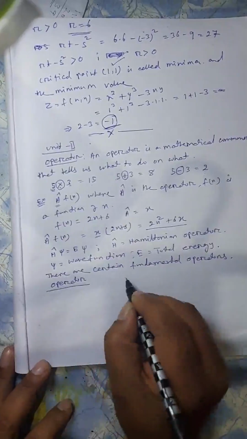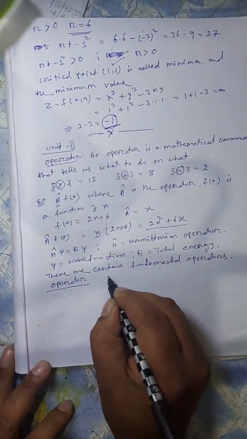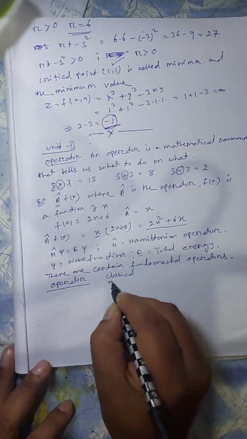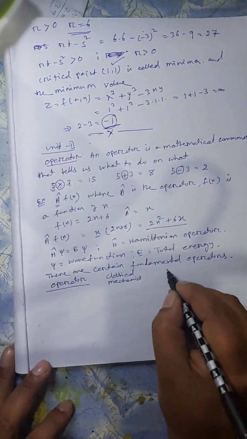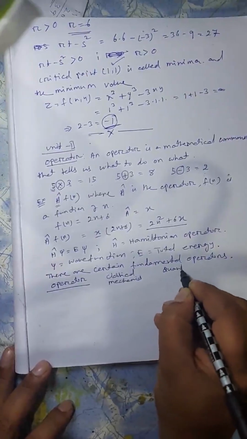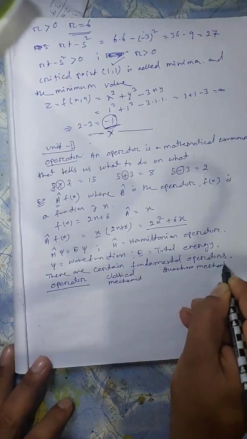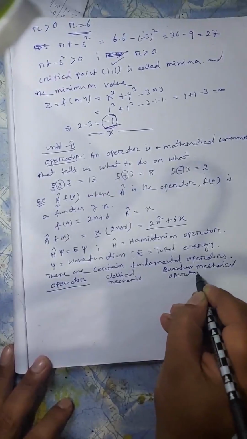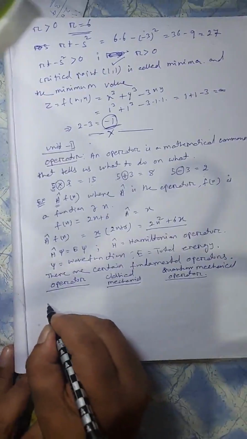The columns are the name of the operator, the classical quantity, how we write it in classical mechanics, and the quantum mechanical operator, how we can perform it. Suppose I take the position operator.